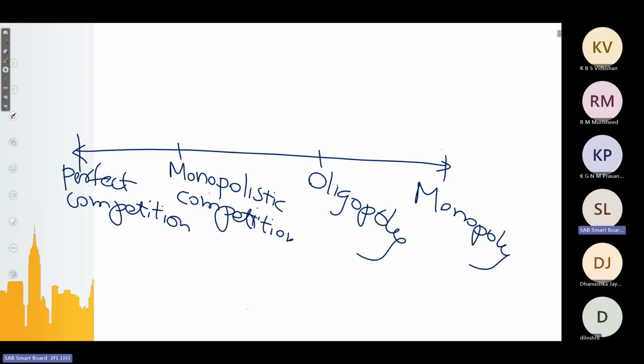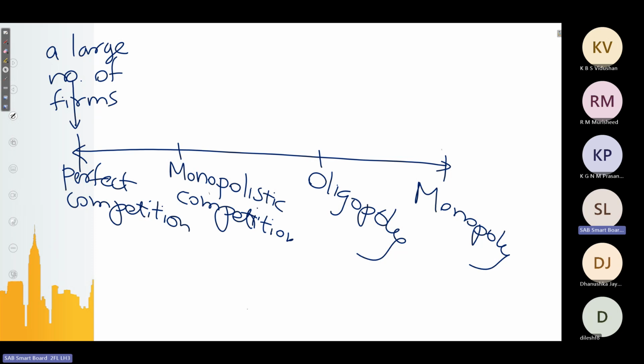The key feature based on which we categorize these market structures is the number of firms. In perfect competition, we have a large number of firms.